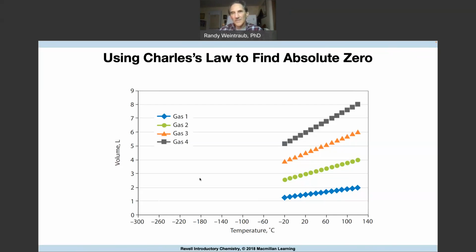And this came out of his collection of carefully constructed data relationships. And we call this absolute zero, the temperature at which theoretically particles of material have zero kinetic energy.